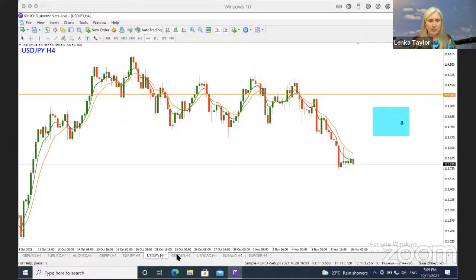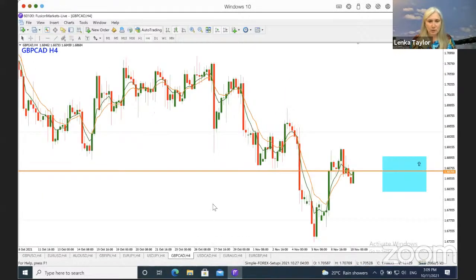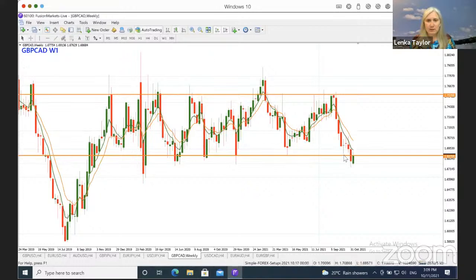Next currency pair I'm going to look at is GBP CAD. And GBP CAD, I'm looking for a long. This is the currency pair that's ranging at the moment. It's been ranging for a while between these two support and resistance lines.